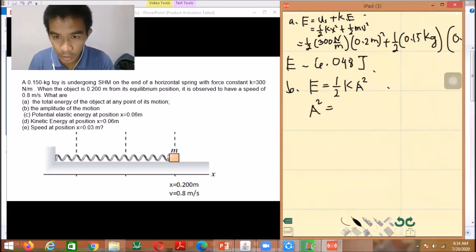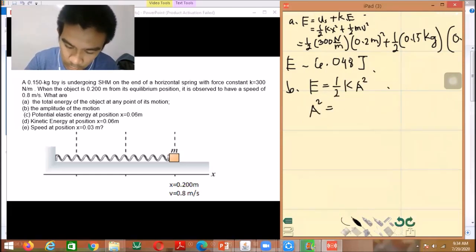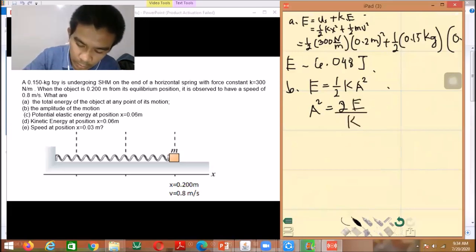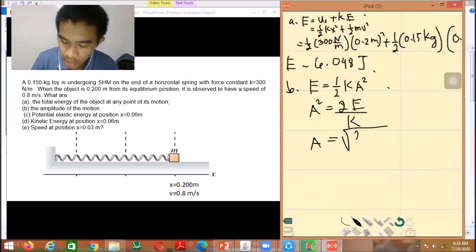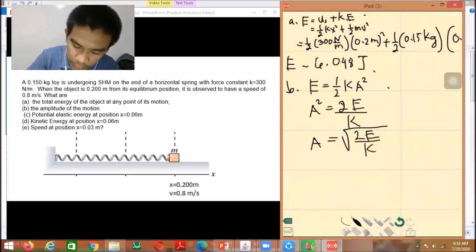So the square of the amplitude is 2 times the total mechanical energy over the spring constant k, or the amplitude A equals the square root of 2 times the total mechanical energy over the spring constant. So we can solve for the amplitude.